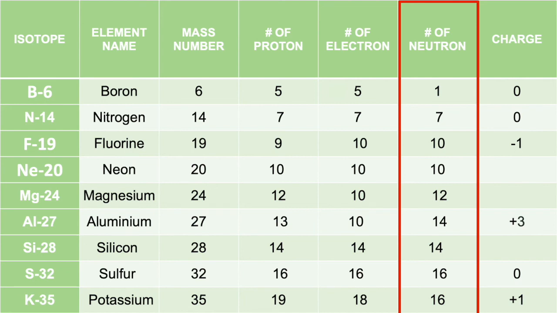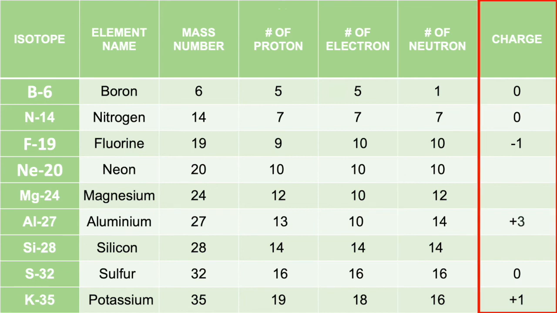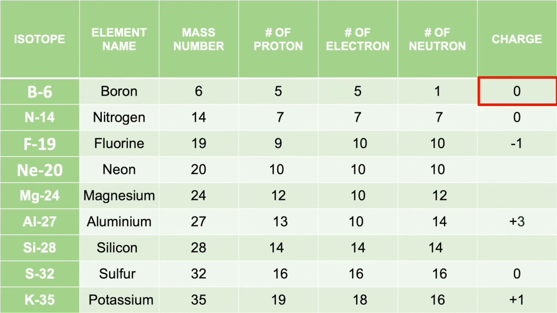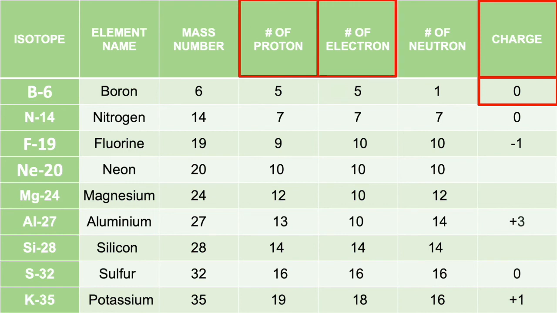Let us proceed to determining the charge of the atom. Let us look at the charge of boron. The charge of boron is 0. After determining the charge of the atom, look at the number of protons of that atom and the number of electrons of that atom.